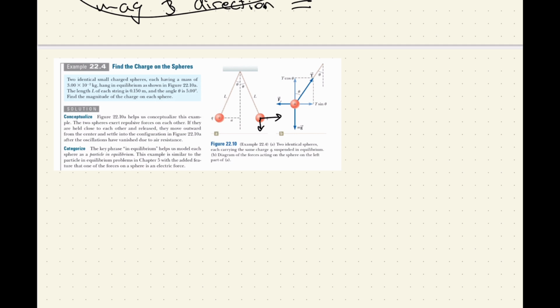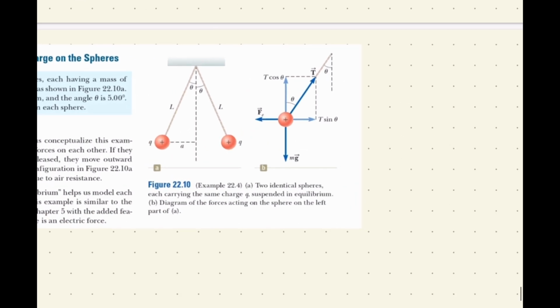And the final force acting on both of these is the force of tension due to the string. They drew here a single free body diagram of one of the spheres, and they show you how you can break up this tension force vector into its components.